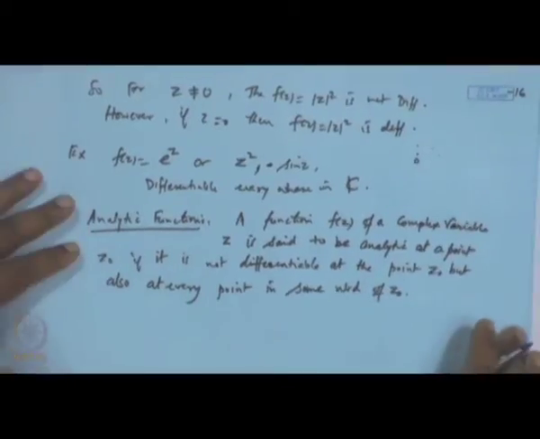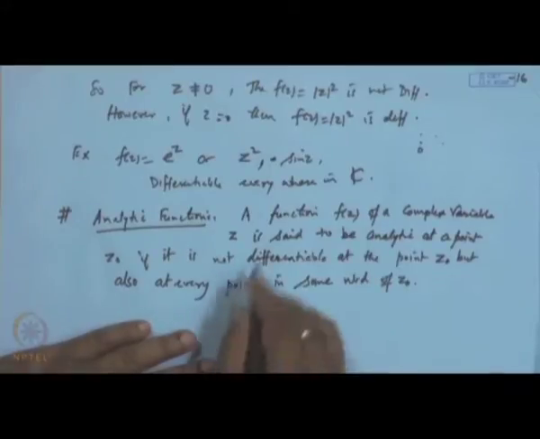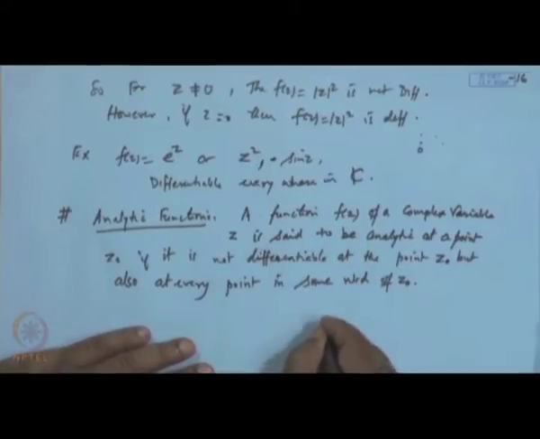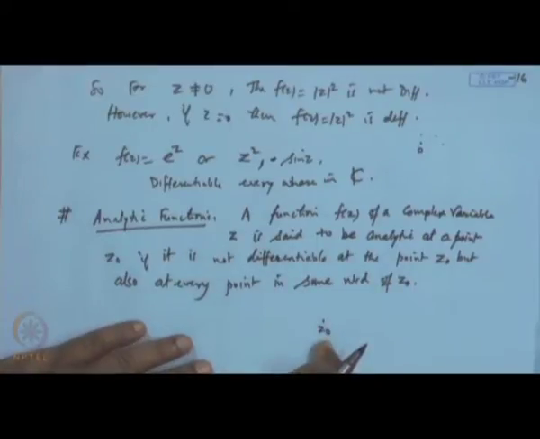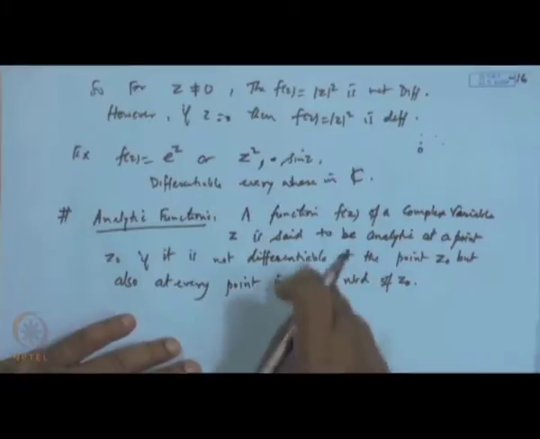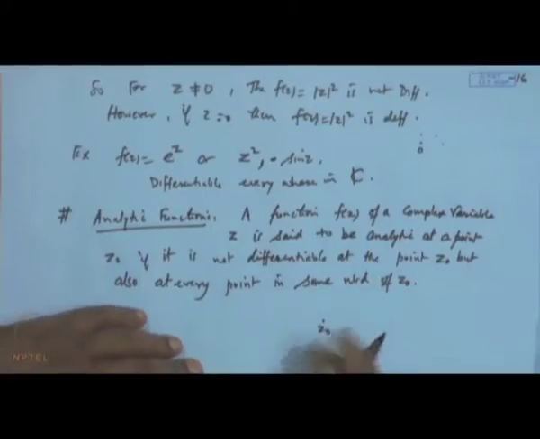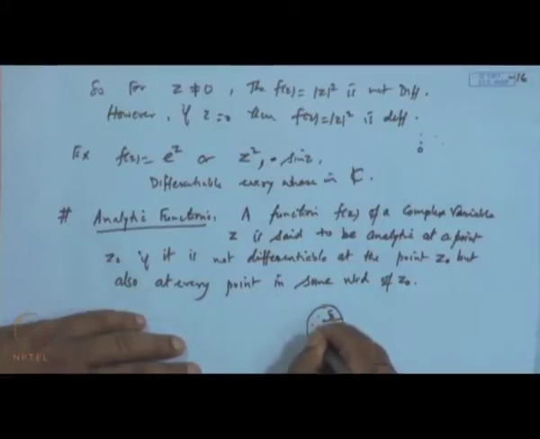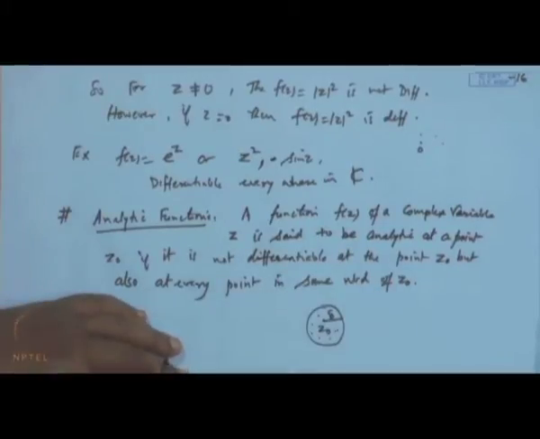What is the meaning of this? Suppose we say a function f is given and z naught is given. A function f is said to be analytic at this z naught if the function is differentiable at z naught and there exists a neighborhood around that point, however small the radius delta may be, such that at each point of this neighborhood the function is also differentiable.